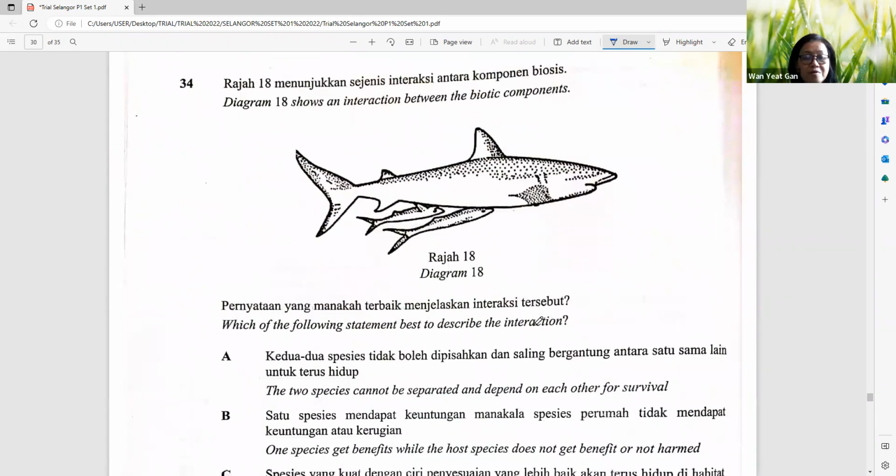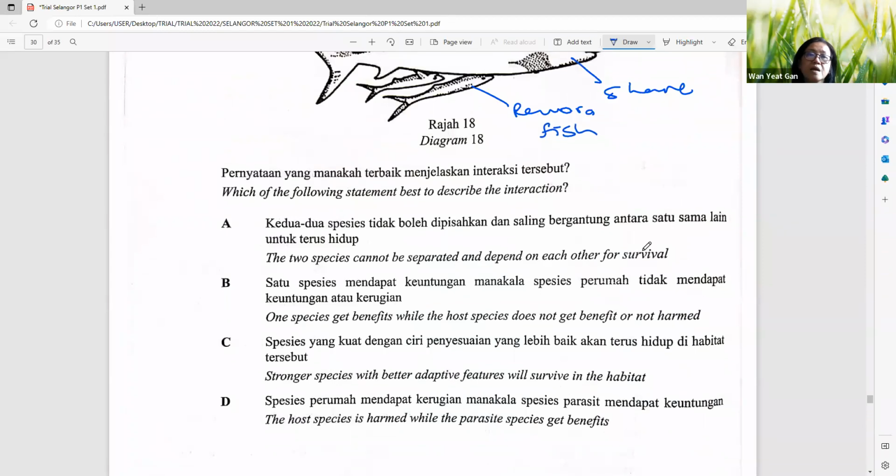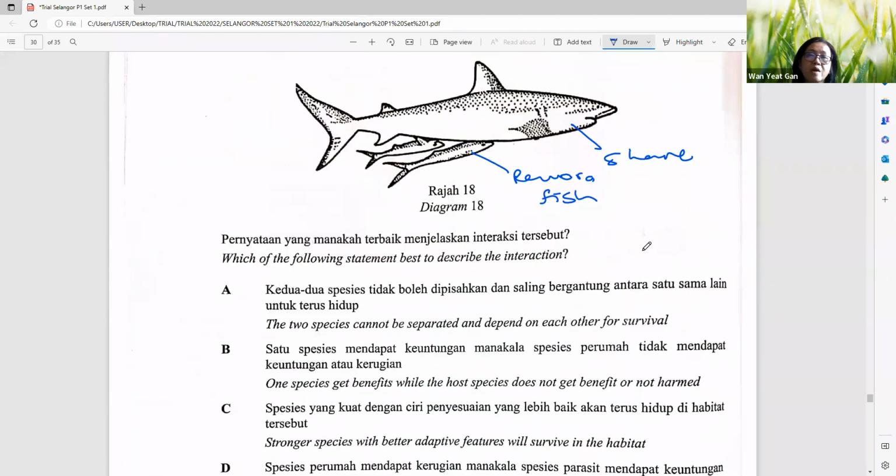So 34, which of the following statements best describes the interaction? This is an interaction between the shark and the remora fish. Okay, so this interaction here is commensalism, in which one species, the remora fish, benefits from the host, which is the shark.